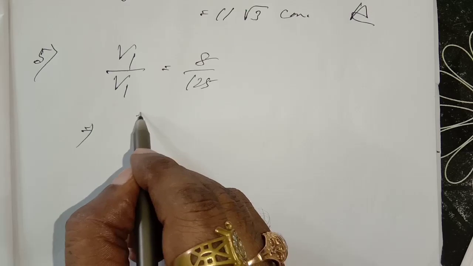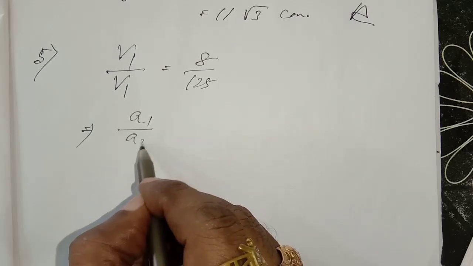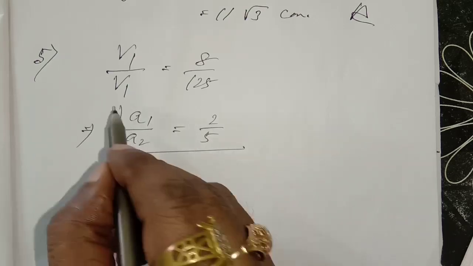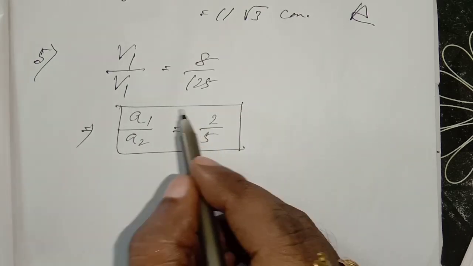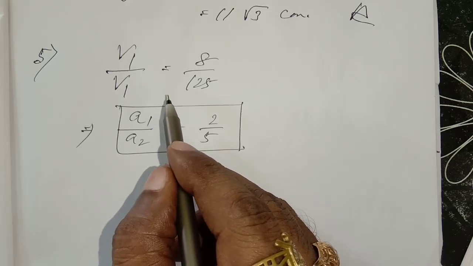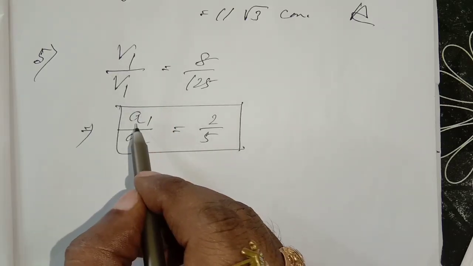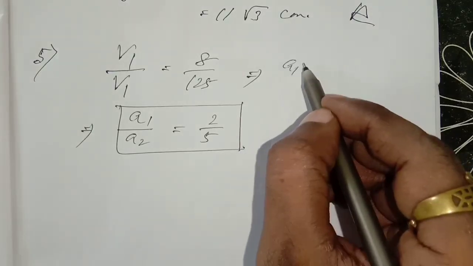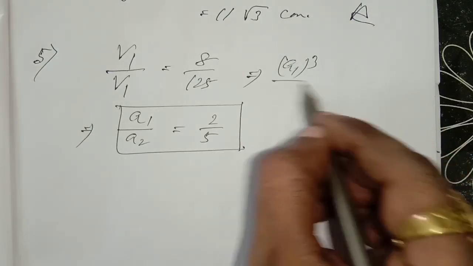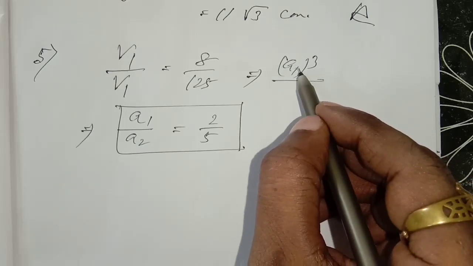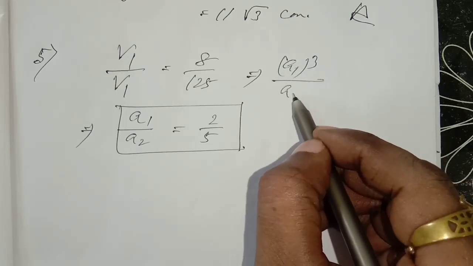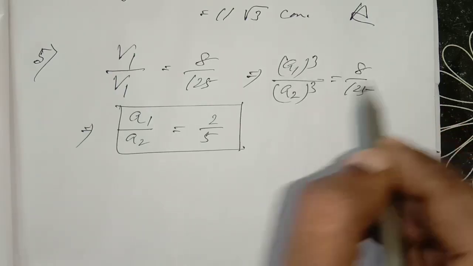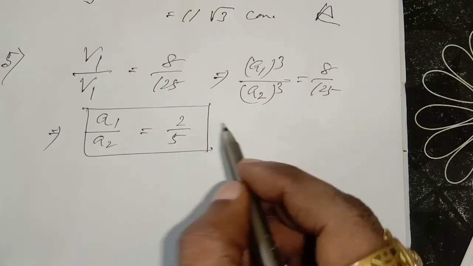For the first cube I have taken side A1, and for the second cube A2, so A1³ by A2³ is equal to 8 by 125. Taking the cube root on both sides, A1 by A2 is 2 by 5.